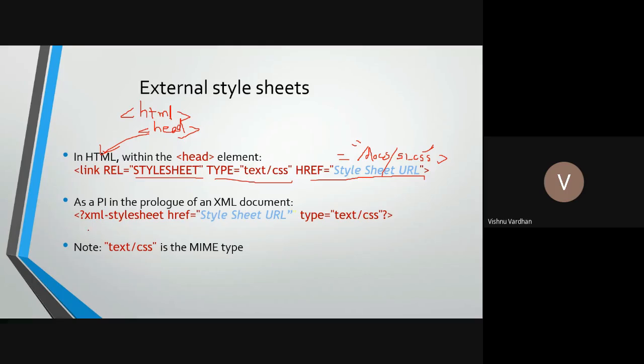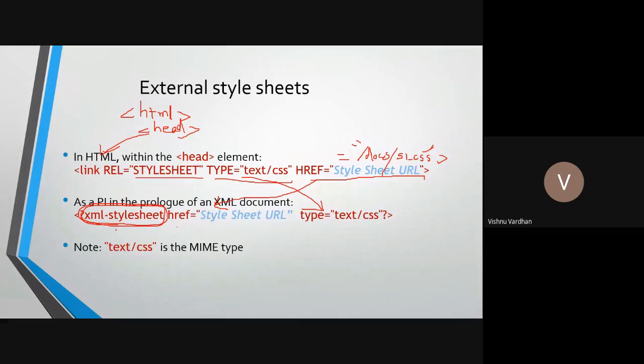Similarly, for the XML, we have this PI, processing instruction. See the PI directive xml-stylesheet. So the directive is xml-stylesheet. Again, having the same things like href, because it is from the HTML format, and type.